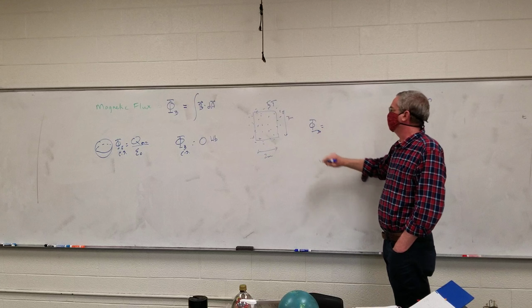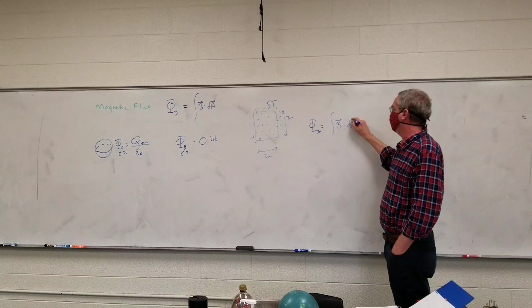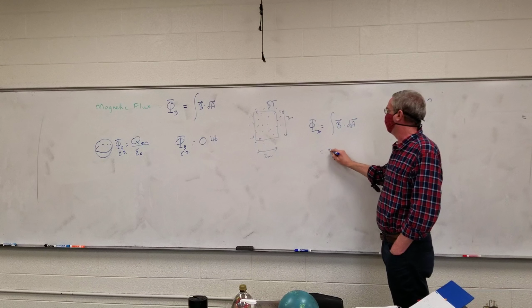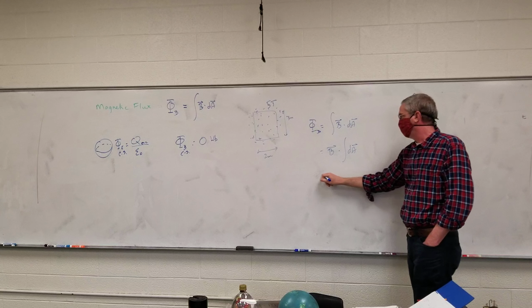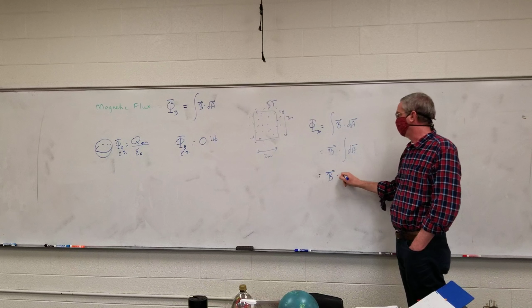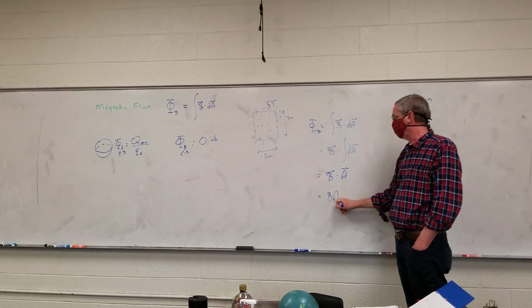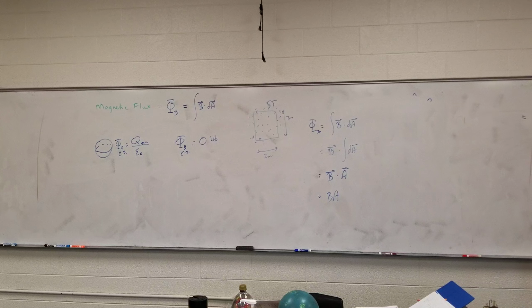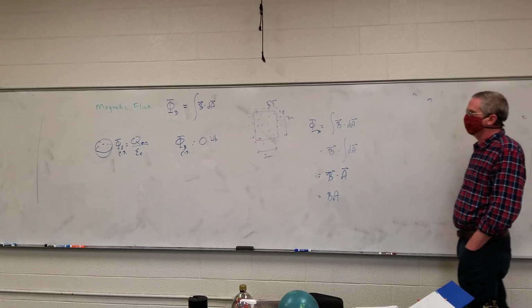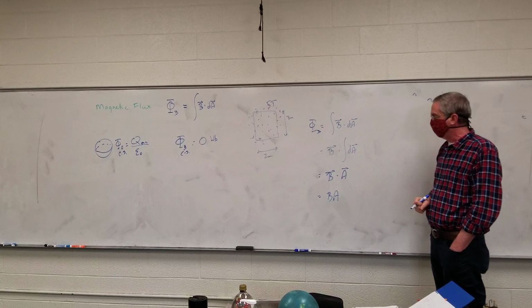Let's add some formality to it: B dot dA, B dot A, dA. In the second example, we will not be able to pull B out.